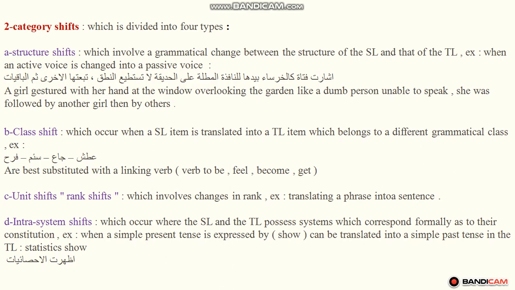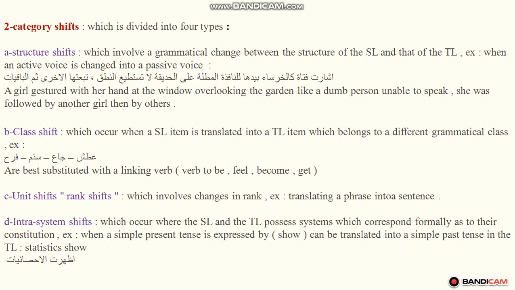If we translate the following into: a girl gestured with her hand at the window overlooking the garden like a dumb person unable to speak. She was followed by another girl, then by others. We notice that she was followed by another girl, then by others is a passive voice, while in the original text it was an active voice.